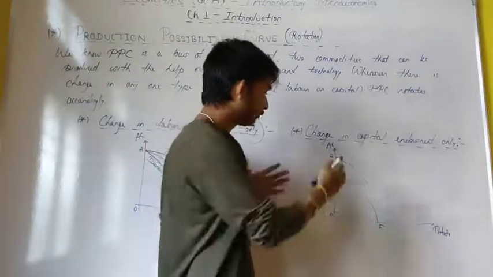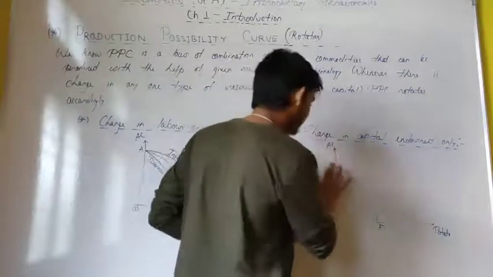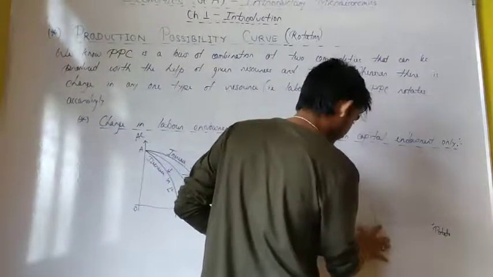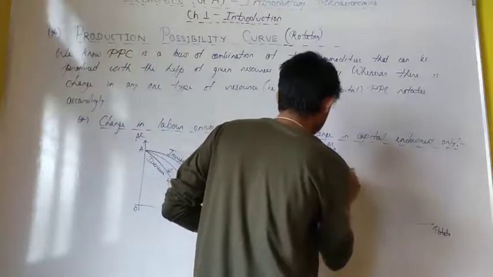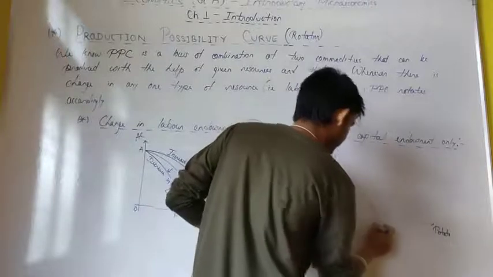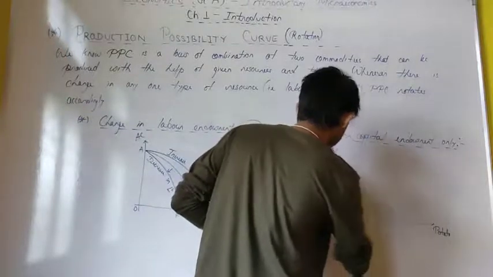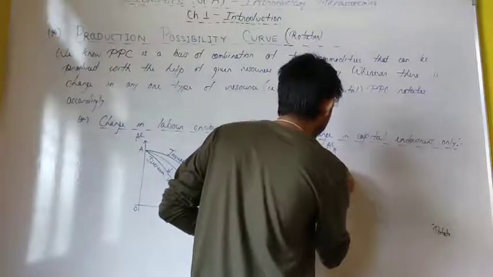Okay, let me give the production possibility curve a different name. Let me give it PQ.